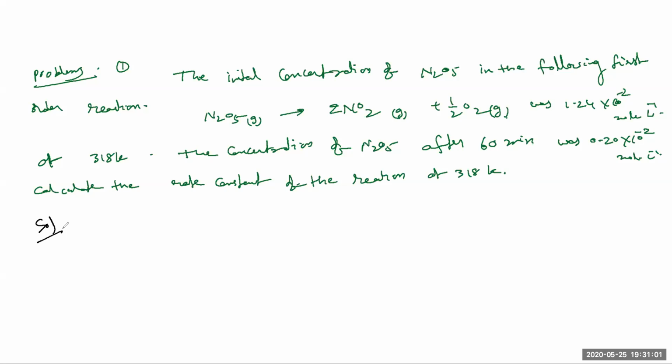Calculate the rate constant of the reaction at 318 K. The initial and final concentrations are given, so it is not the other formula, first order only.